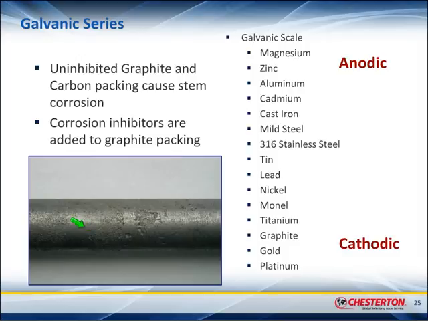What happens is the anode starts to sacrifice itself for the cathode, in this case the graphite, so what you get is these little holes in your stem, which is known as pitting corrosion.